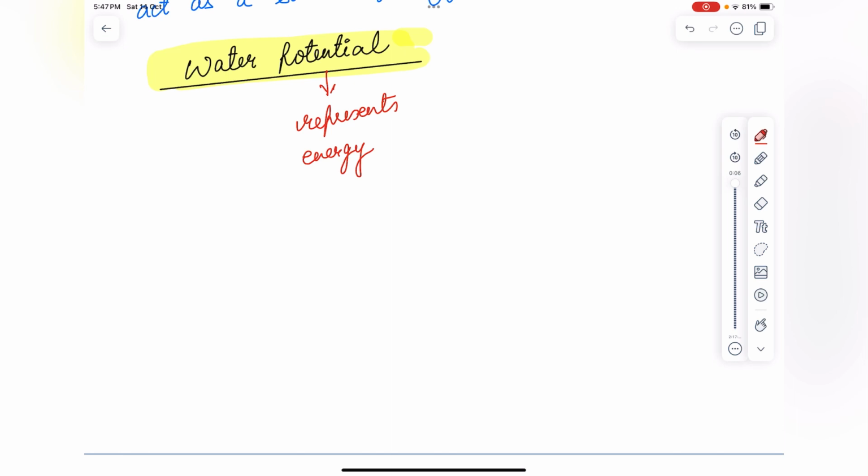So the free energy of water is referred to as water potential. Water potential is the movement of water. What did I tell you? Water potential means energy.